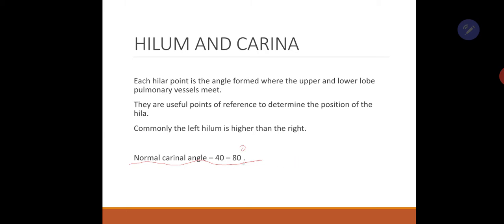The carina is the point where bifurcation of the trachea into right and left bronchi occurs, and the normal carinal angle lies in the range of 40 to 80 degrees.